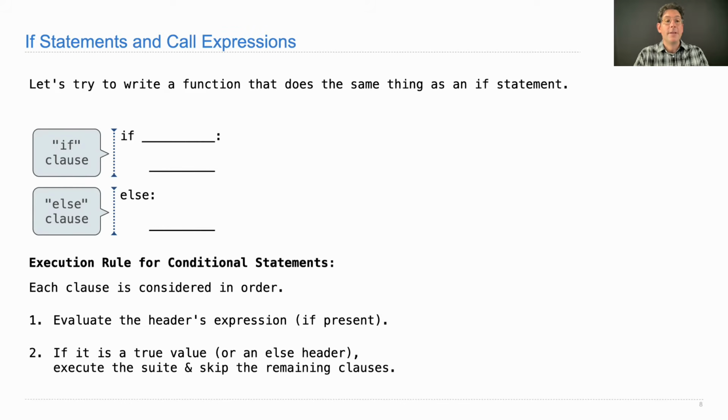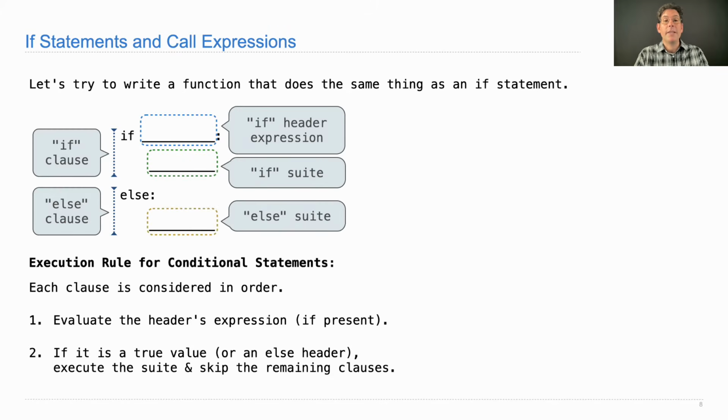So here's the if clause and the else clause. If this is true, then we execute this and skip this. If this is false, then we don't execute this, find out that we're in the else condition, and execute this. So the if header expression controls whether the if suite or the else suite is executed, but we always pick one or the other, and we never do both.